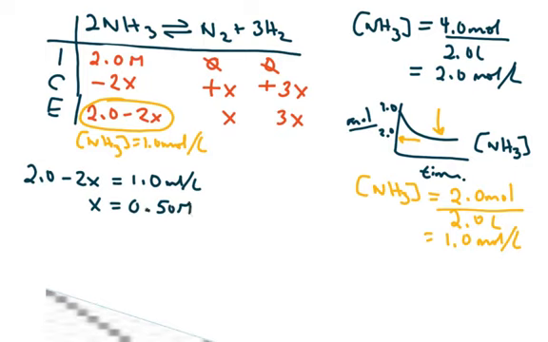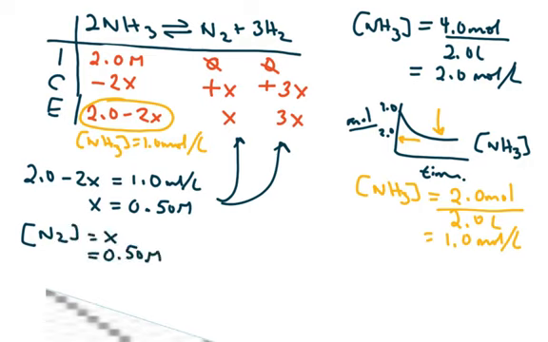And now that we have X, we can go back and solve for values at equilibrium for the other 2 entities. So N2, nice and easy, it's just X, so it's going to be 0.50 moles per liter. And the H2 is 3X, which is going to be 1.5 moles per liter.